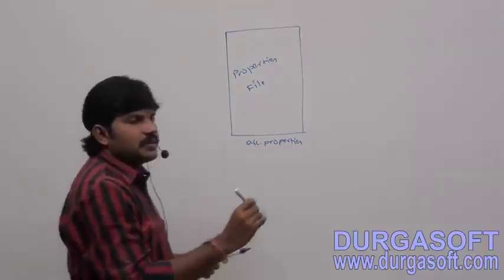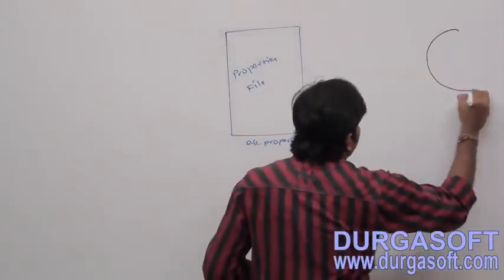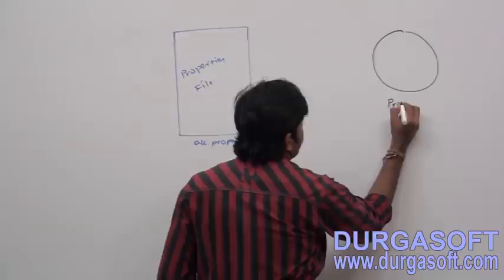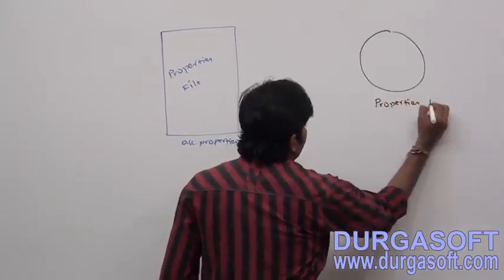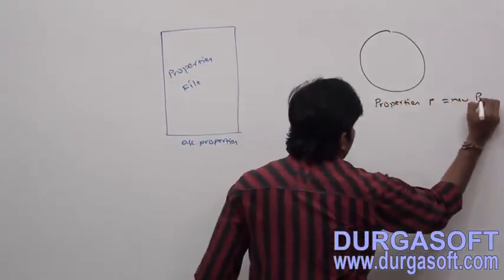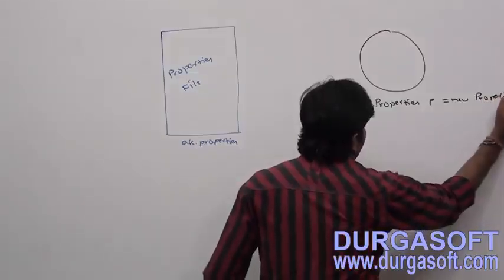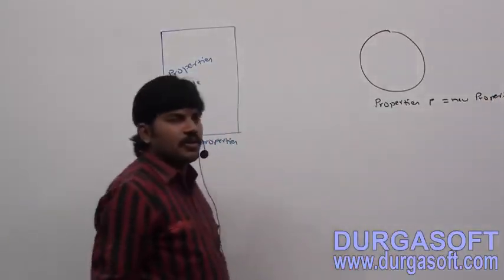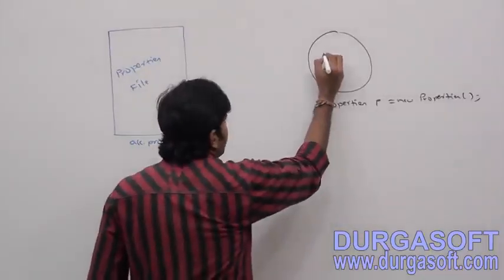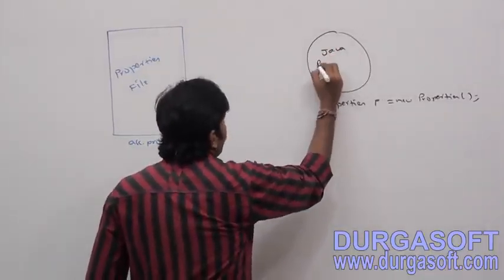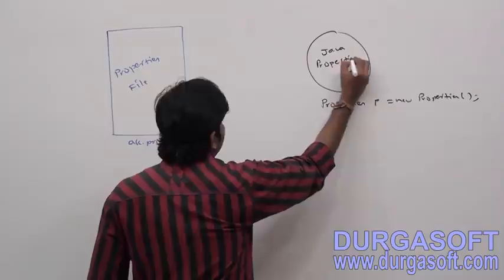Now my target is, I have a properties object: Properties p = new Properties(). This is a Java properties object.